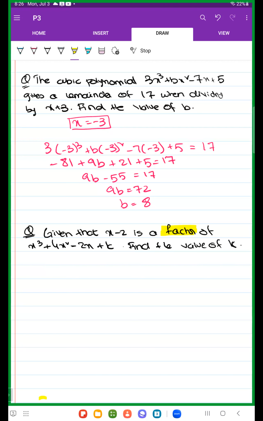So the question is saying that it leaves a remainder of 7 when divided by x minus 2. So you plugged in x as 2. What is 2 cubed? 8. And 8 times 2 is 16. You've written 28.